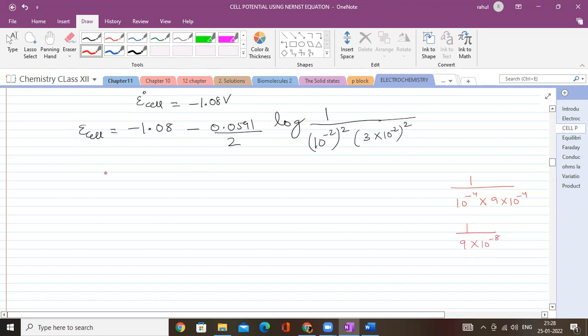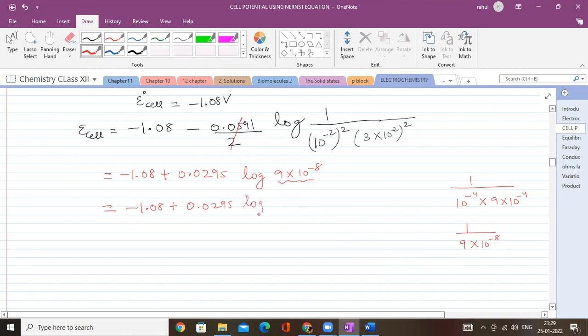Now what I can do here is minus 1.08 minus 0.0295 log of 9 into 10 to the power minus 8, and I'll put a plus sign because I'll take the reciprocal. So minus into minus gives 1.08 plus 0.0295. This can be solved as usual. How?